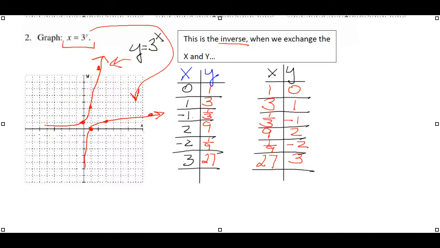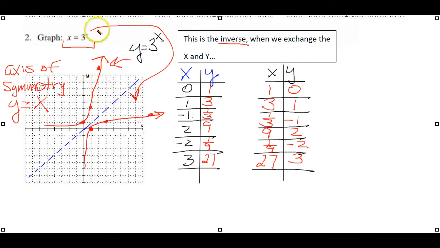Now, is there an axis of symmetry? And the answer is yes. Now, what is the equation, by the way, of this axis of symmetry? Well, it happens to be y equals x. That's the official equation of this axis of symmetry for the inverse function of this.